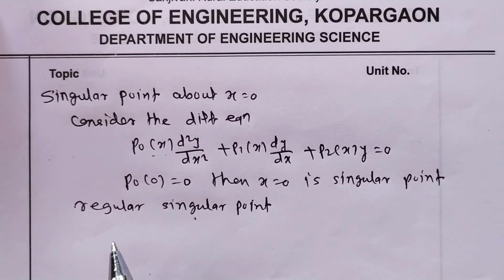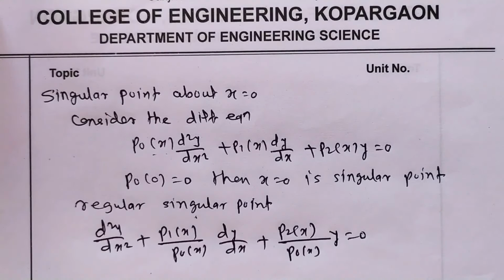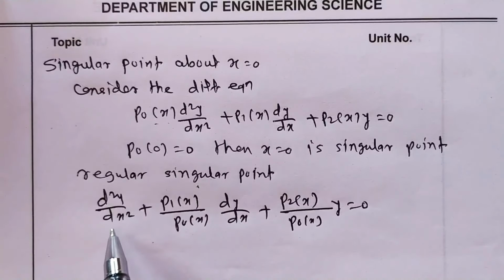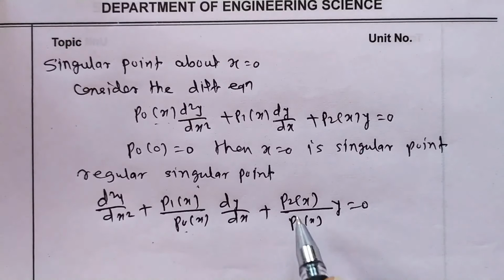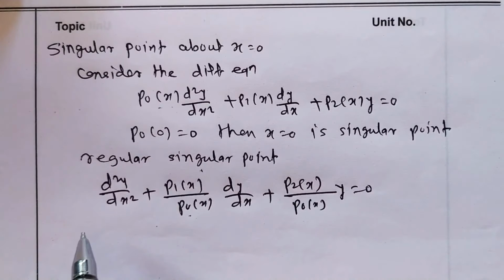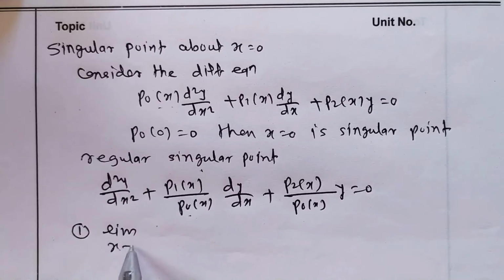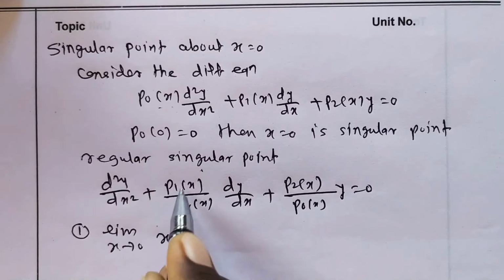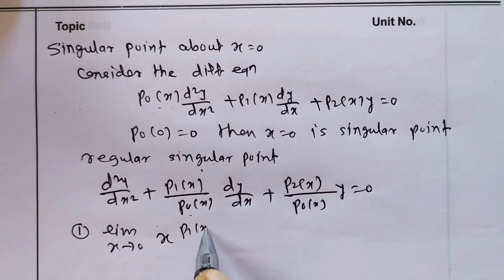First, we write this differential equation in the form d2y by dx square plus p1 of x upon p0 of x into dy by dx plus p2 of x upon p0 of x into y equal to 0. Then the first condition for a regular singular point is we have to find limit x tends to 0 of x into p1 of x upon p0 of x.